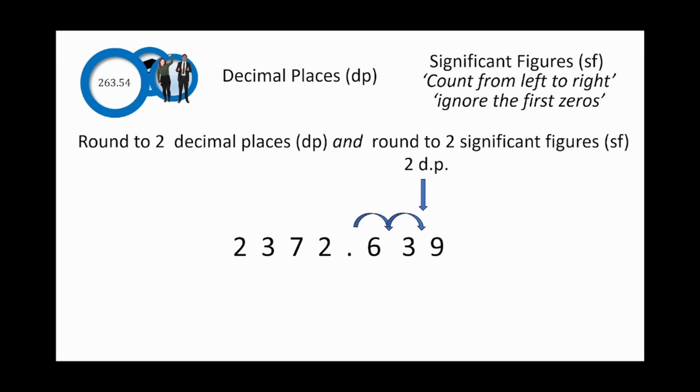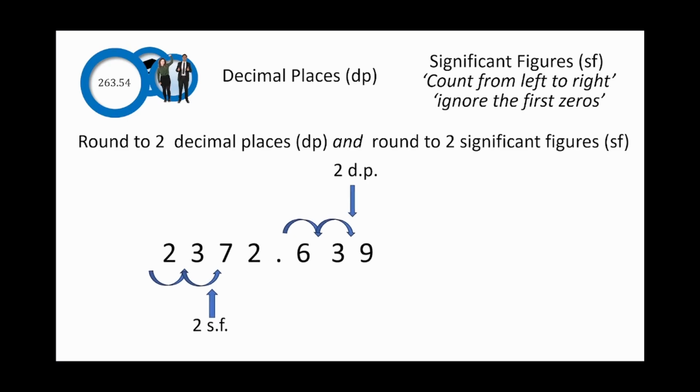So the 9 is going to affect the 3, and you probably know what that rounding is. With the significant figures, I come from the left and I ignore zeros. Well, the first number I get to is 2. That's more than 0, so I go back 1, 2, and that's the second significant figure. It's between the 3 and the 7. Let's see what that looks like.